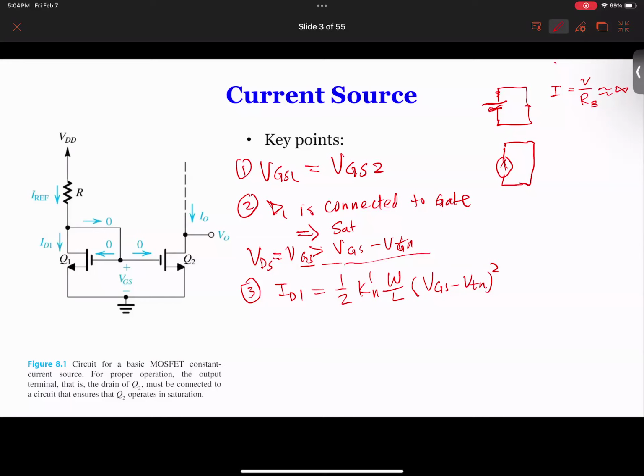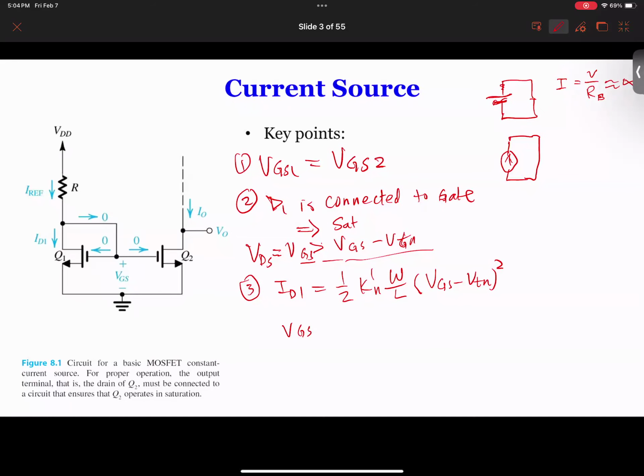But once you know ID1, can you calculate VGS? What is the VGS? Because S is the ground, VGS is the same as VD, the same as VDS. So how do you calculate it?